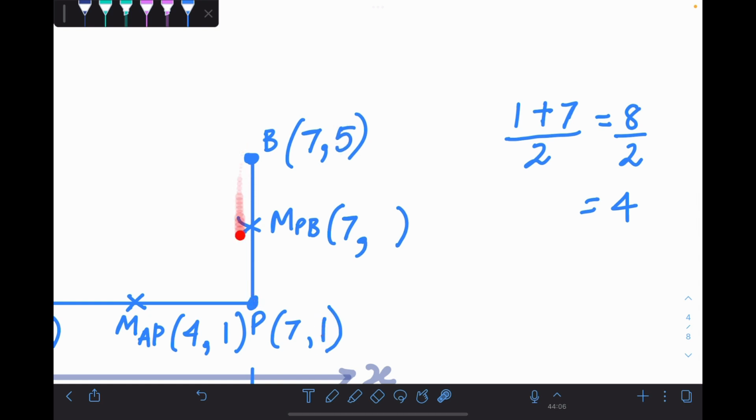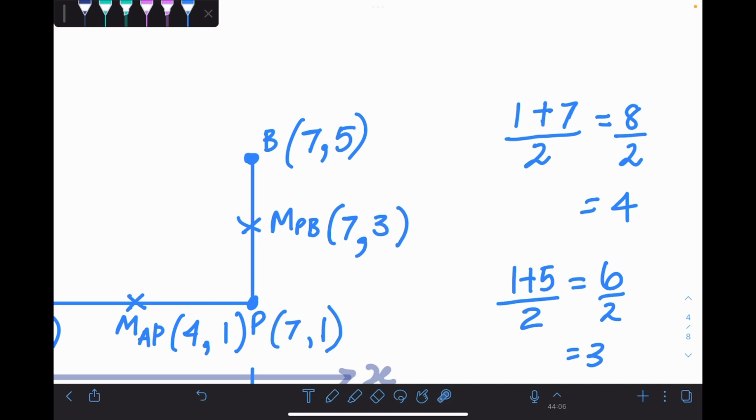We had 1 and 5, so 1 plus 5 all divided by 2 is equal to 6 over 2, which is equal to 3. So this point right here is going to equal 7, 3.